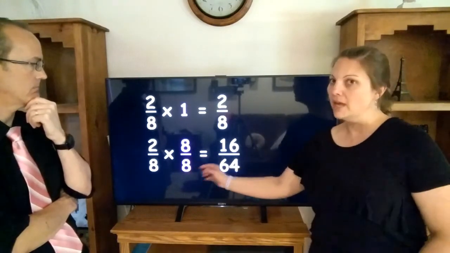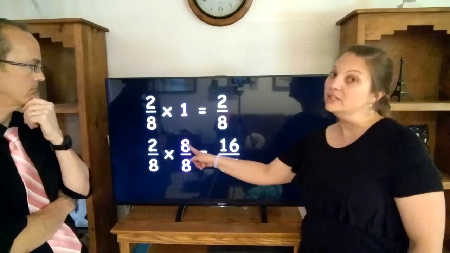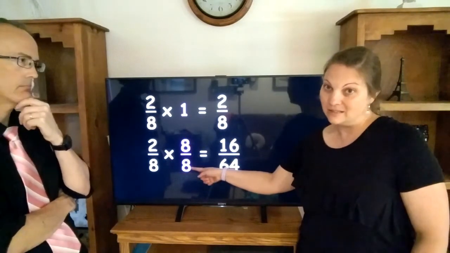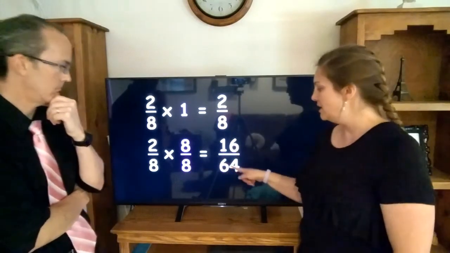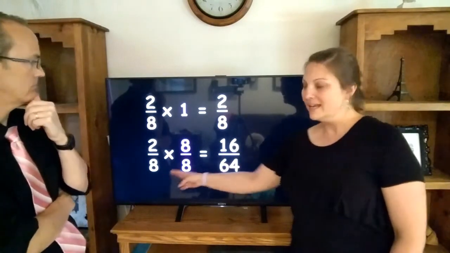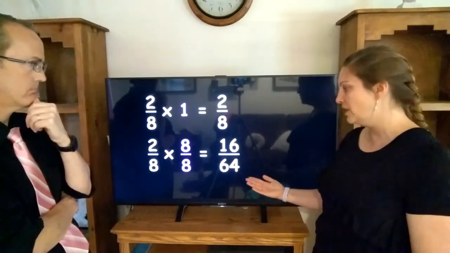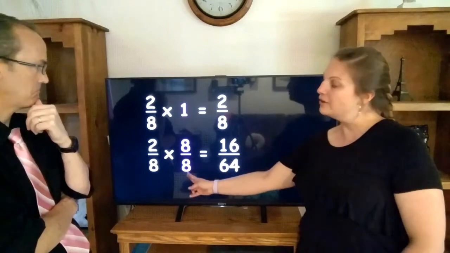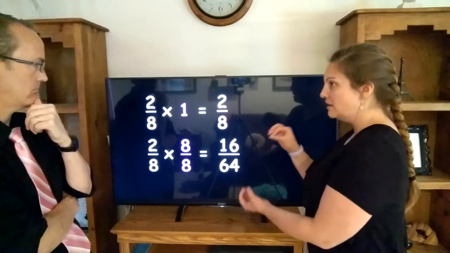So I multiply 2/8 by 8/8, and 2 times 8 is 16, and 8 times 8 is 64. So 2/8 is equal to 16/64, because all I'm doing is multiplying by 1 whole. My numerator and denominator can change as long as they both stay the same.